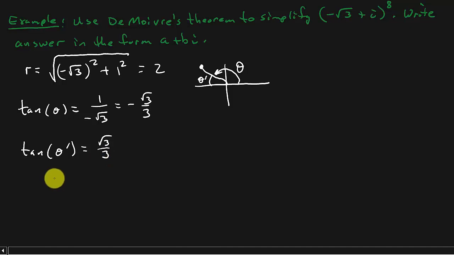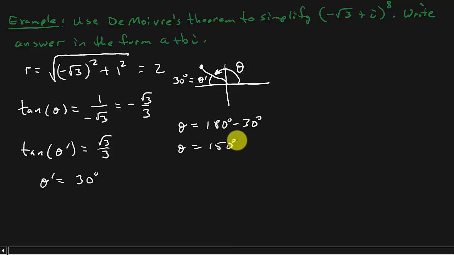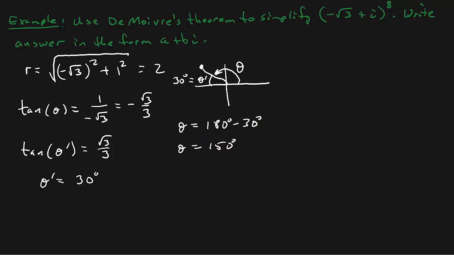And so here I get my reference angle to be 30 degrees. So now theta is equal to 180 minus 30, so theta is equal to 150 degrees.